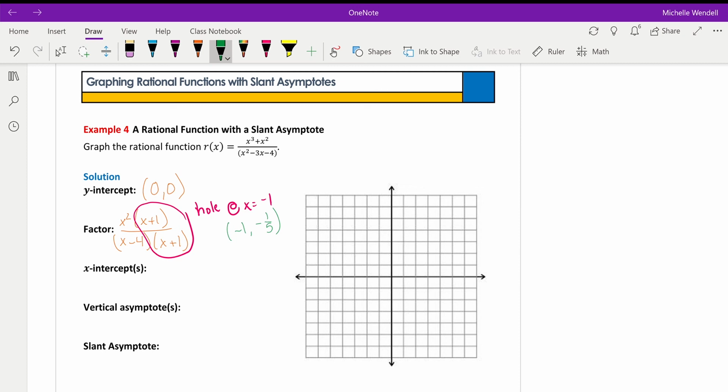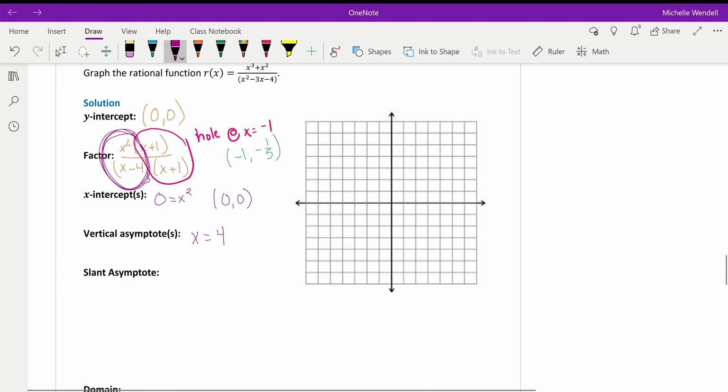To get your x-intercept, you set the numerator equal to 0. So 0 equals x squared. So again, (0, 0). I don't use that x plus 1 because that divided out to be a hole. So all I'm looking at to get the rest of my characteristics is this x squared over x minus 4. My vertical asymptote is x equals 4.